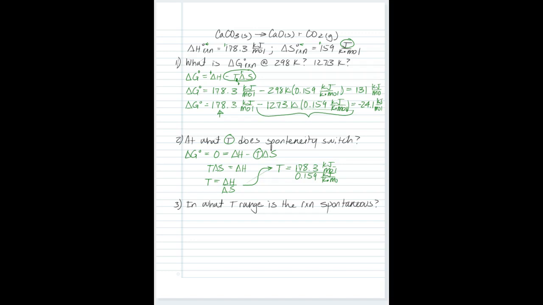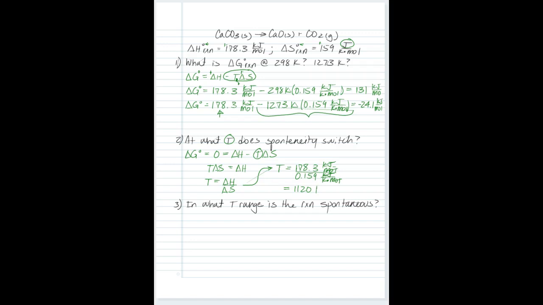Okay, and notice how all of these units cross out except for Kelvin, and Kelvin is in the denominator of the denominator, so it's going to end up in the numerator, and it's going to give us the unit that we want. It's always good to check your units to make sure that your calculation makes sense. This temperature, if you do this calculation, you will get 1120 Kelvin.